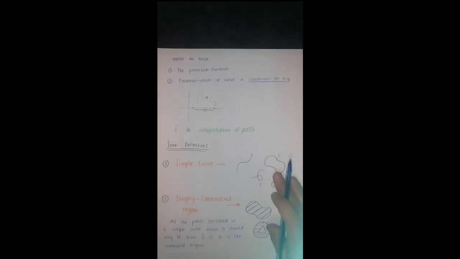For a simply connected region, that just means that all points enclosed by a simple curve within D should only be from D. So there shouldn't be a hole, like if this line goes through D, some of the points are from this region.